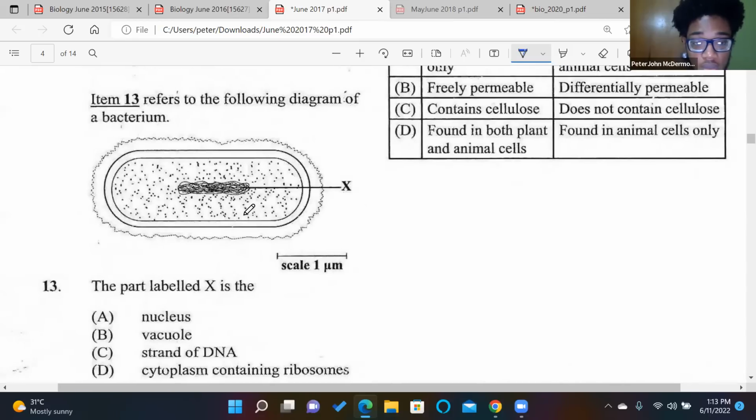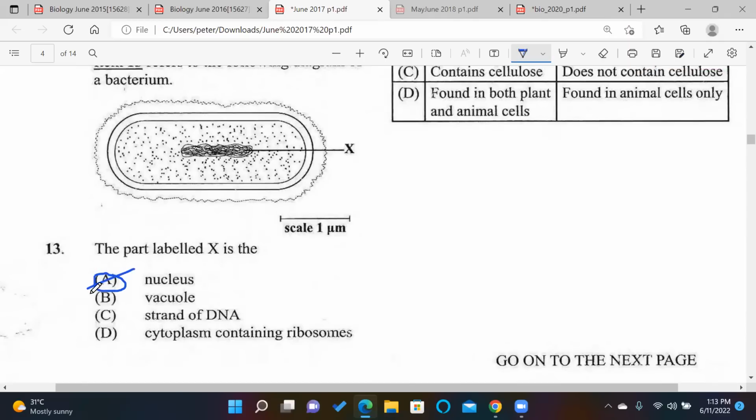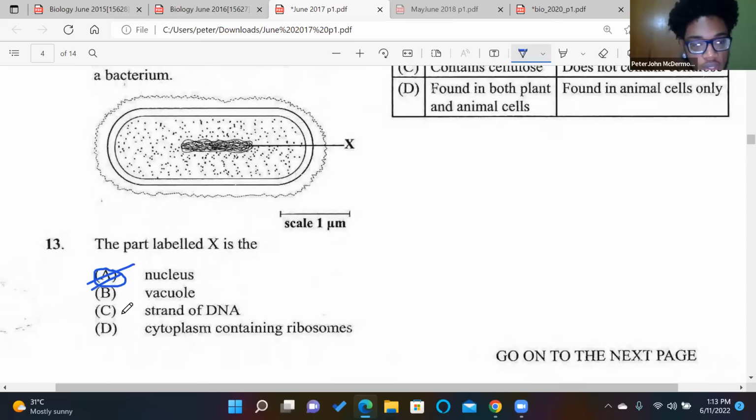All right, let's zoom in. Do bacteria have nuclei? No, sir. Correct. They don't have vacuoles. Strand of DNA. So what would you describe this as?